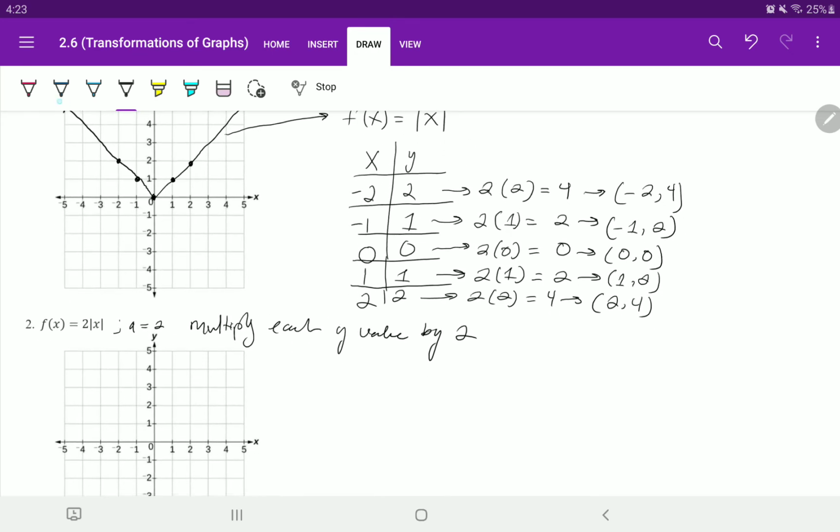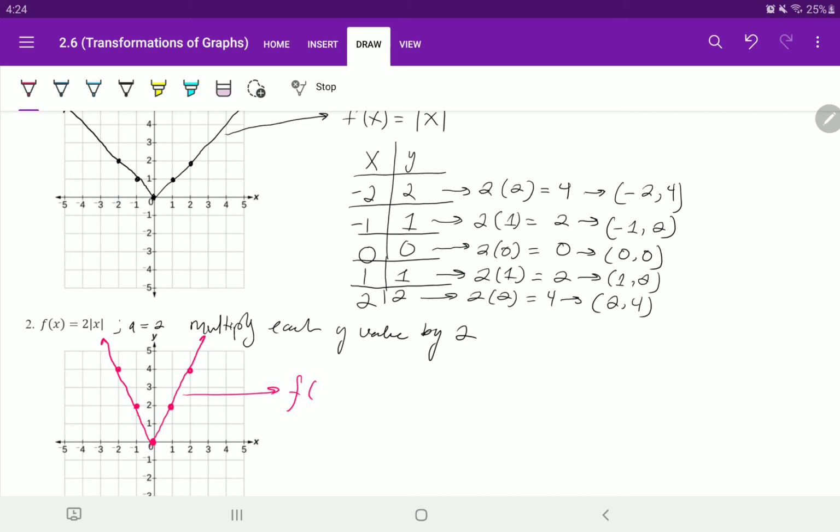Now, when we graph these coordinates, we have the coordinates of 0, 0, 1, 2, and 2, 4. We have -1, 2, -2, 4. And the graph has been stretched, as you see, because it looks more narrow.